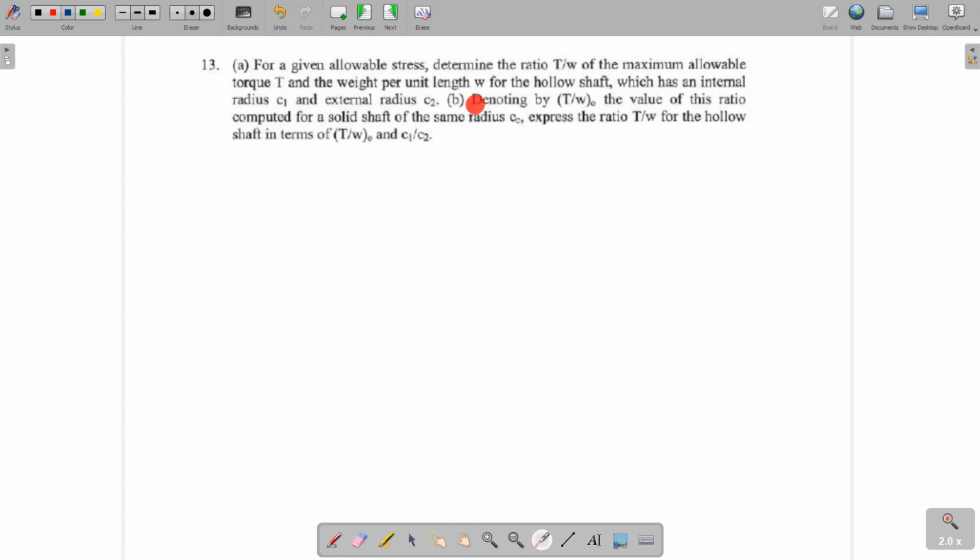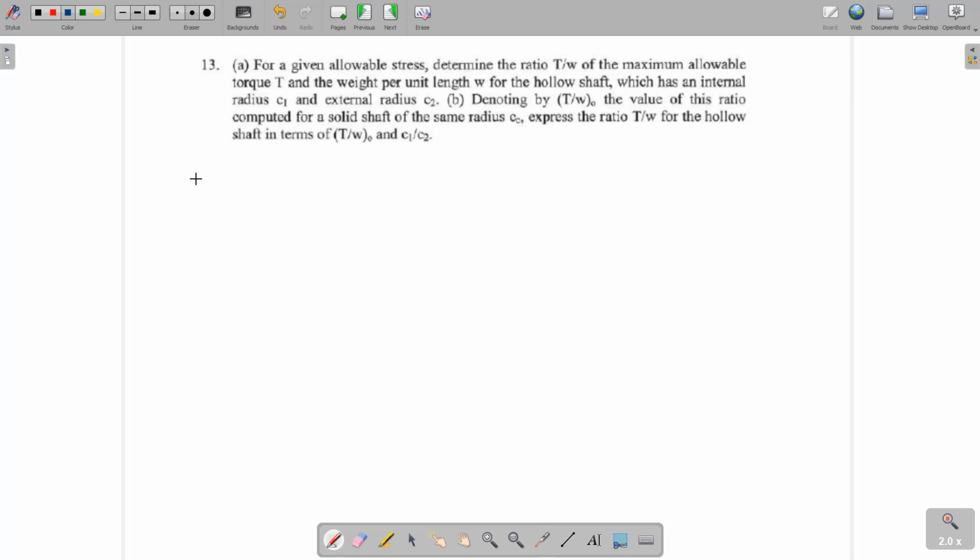Then there is a part B, and you have to take this T over W as the ratio for a solid shaft of the same radius C naught. Express this T over W of the hollow shaft in terms of T over W of the solid shaft and the ratio of the inner and outer radius of the hollow shaft. So the question itself is very complicated, but by the way, let's carry on.